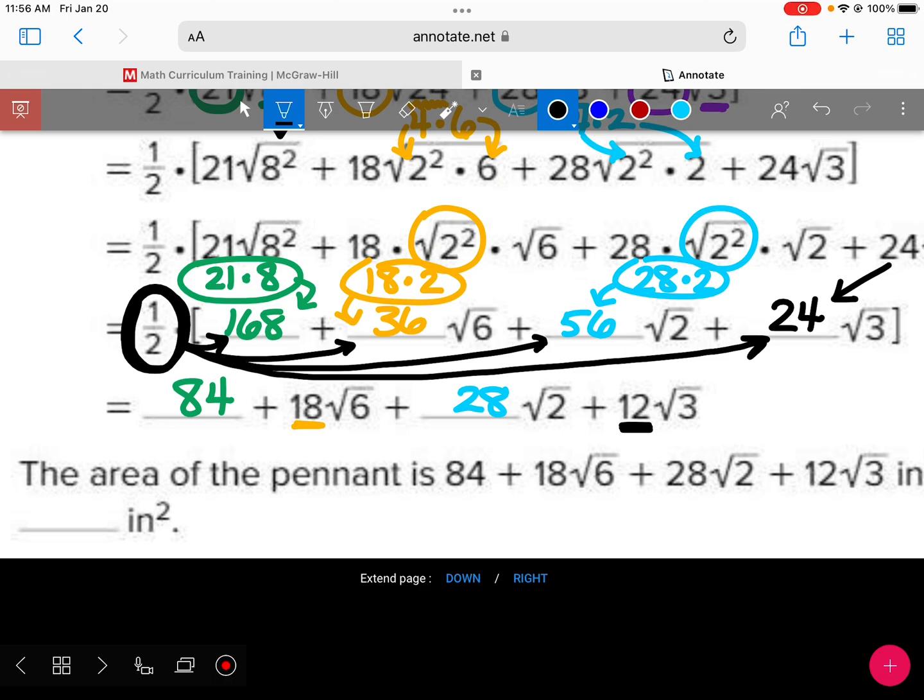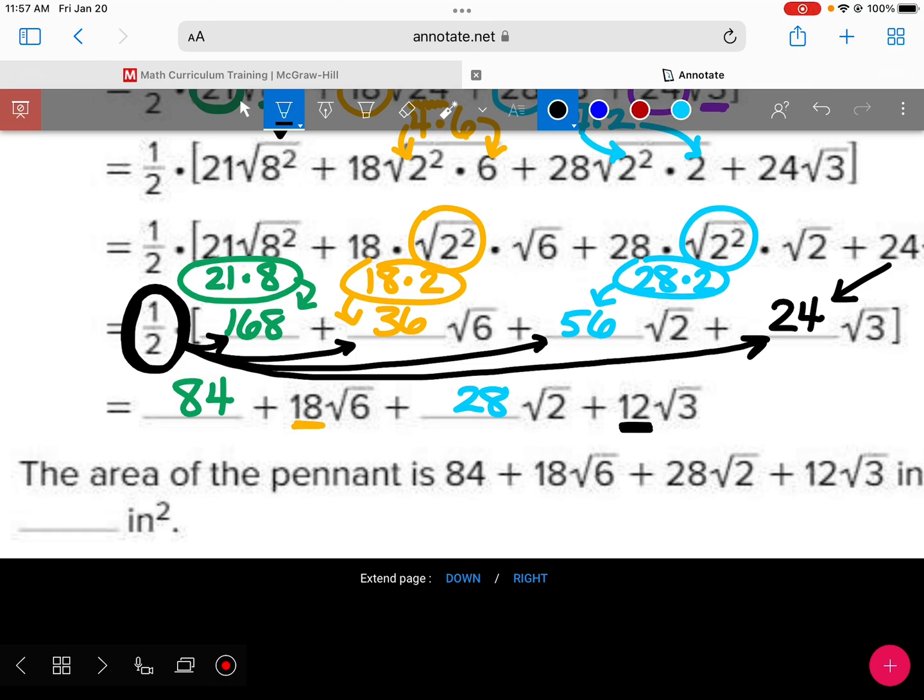Ah, you guys used how we do the cube roots. We want a square root, so second x squared. So go back and delete that out. You want a square root, so second and x squared. So 84 plus 18. All right, so I have 84 plus 18 square root of 6.